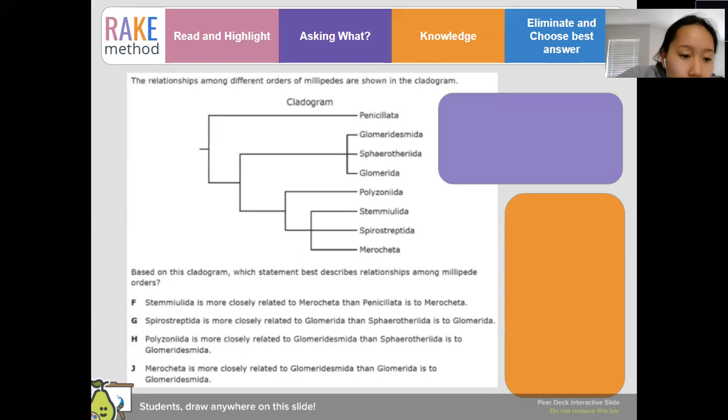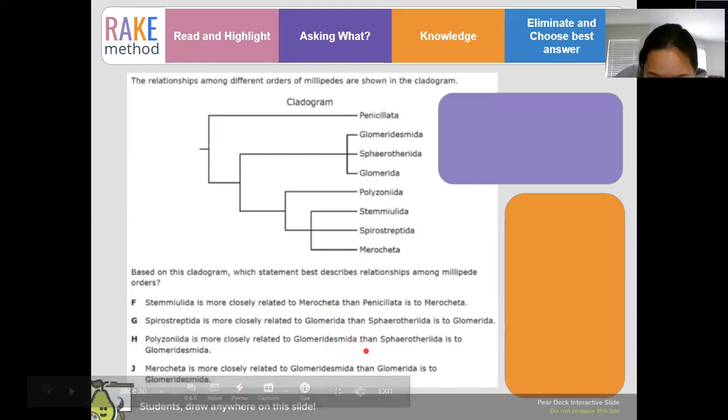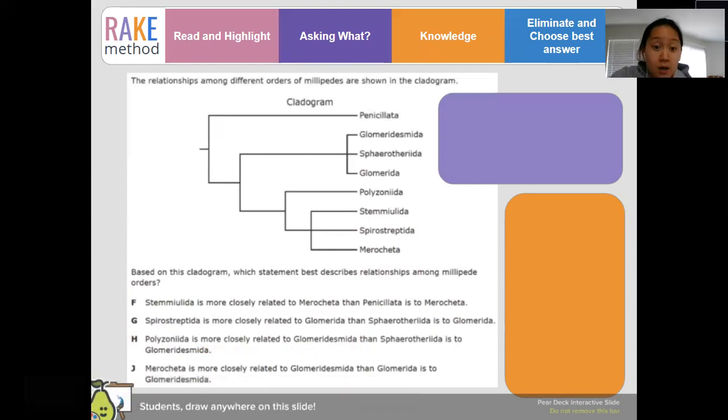H says, Polyzoniida is more closely related to Glomeridesmida than Sphaerotheriida is to Glomeridesmida. And then J says, Marocchida is more closely related to Glomeridesmida than Glomerida is to Glomeridesmida. Okay, reading these aloud sounds really complicated, and it does sound really complicated, but you're just matching the pairs at a time inside of the cladogram.